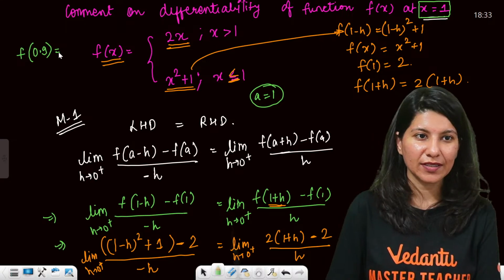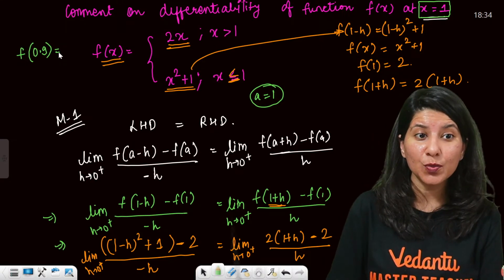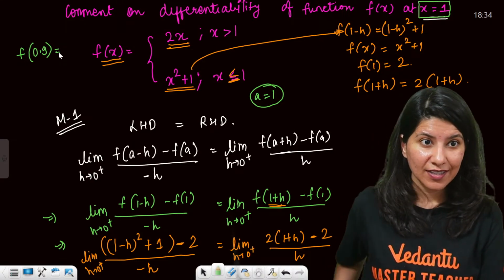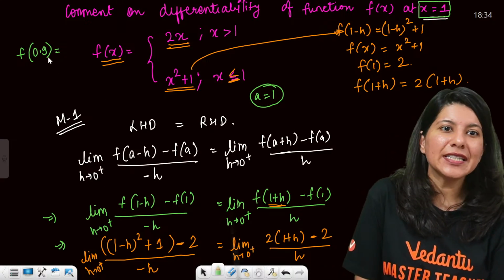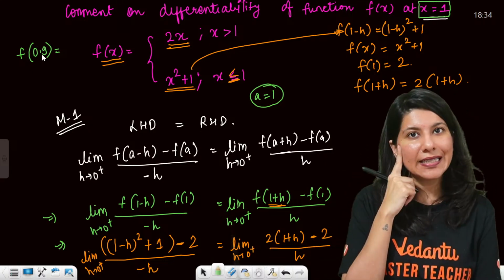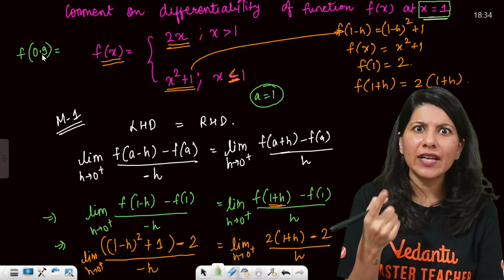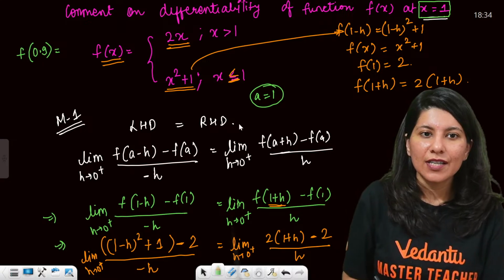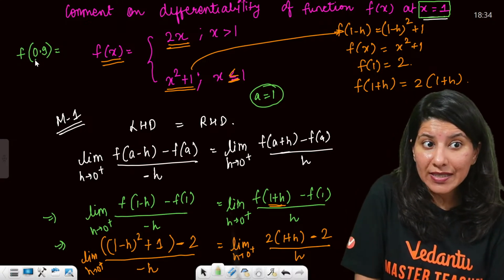Think about it. Where exactly are you going to put 0.9? 0.9 is greater than 1 or less than 1? Ma'am, 0.9 is obviously less than 1. So x is less than 1 basically.